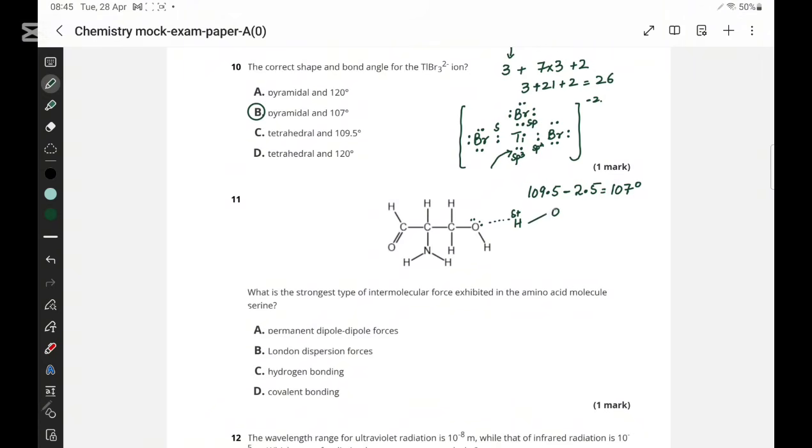This strong type of force is called hydrogen bonding, and it occurs when oxygen is connected with hydrogen, has a lone pair and a partial negative charge, and is attracted to a hydrogen with a partial positive charge. So this bonding is hydrogen bonding.